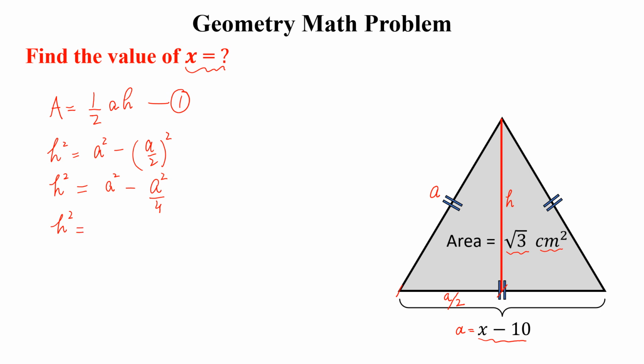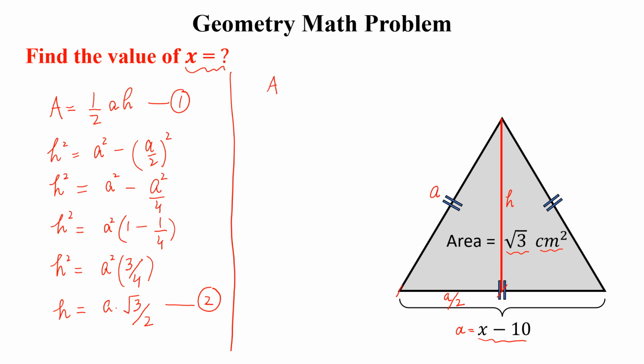Taking a square common, h square equal to a square into (1 minus 1 over 4), so h square equal to a square into 3 by 4. From here we can write h equal to a into square root of 3 divided by 2. Let this be equation 2.